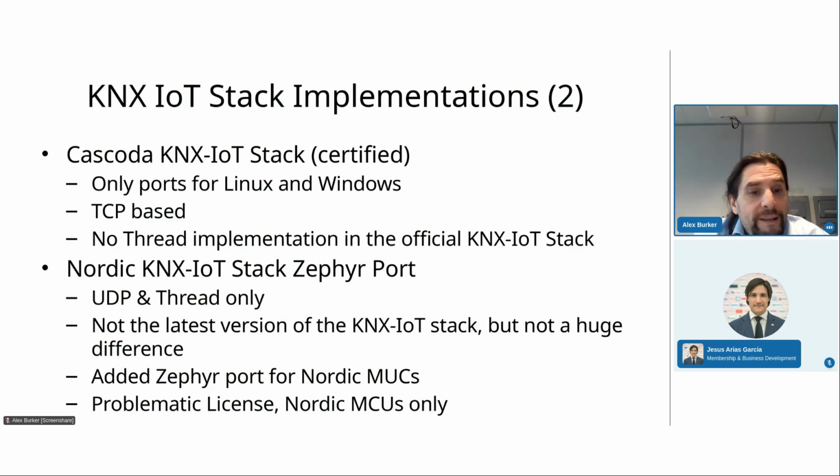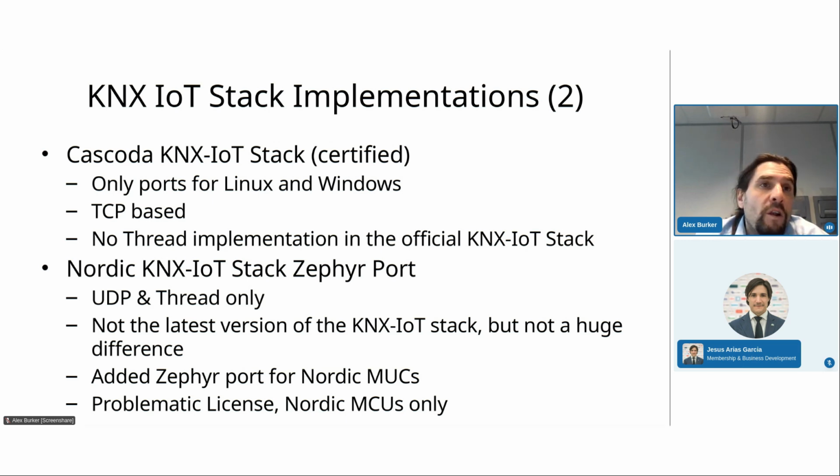So Nordic added the Zephyr port for their MCUs, which is pretty fair and it was pretty okay. The only problem is they added a license which states that this port may only be used with Nordic MCUs. And from my point of view, this is a very bad solution. Because the port is not only for Nordic chipsets, it's for the whole Zephyr ecosystem.